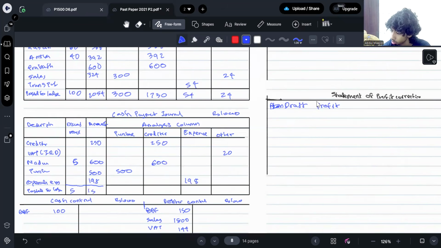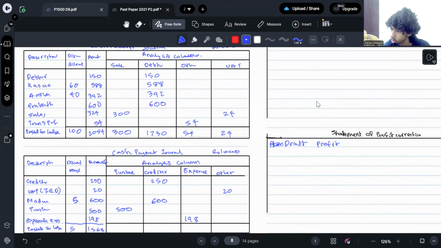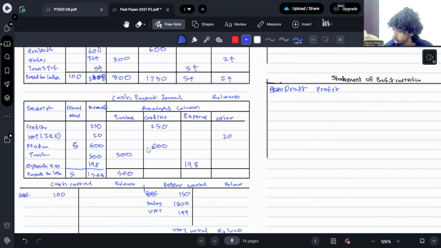This fact amount I have put in. 250 plus 20 plus 600 plus 500 plus 198, 1568. Here also I have not recorded the 54. 54 plus 54, 2108. So then purchases 500, creditor 850, expense 198, other 2.